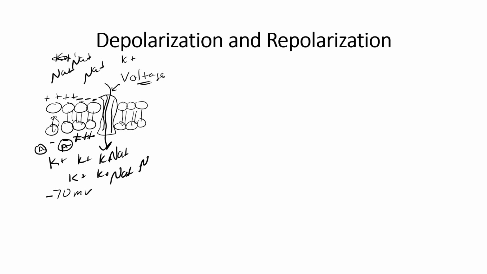This influx of sodium takes this part of the membrane that was negative and causes it to become more positive, which is going to cause the next voltage gated channel here to open. Once again we have sodium rushing into the cell, and as it rushes in, it depolarizes this part of the membrane.